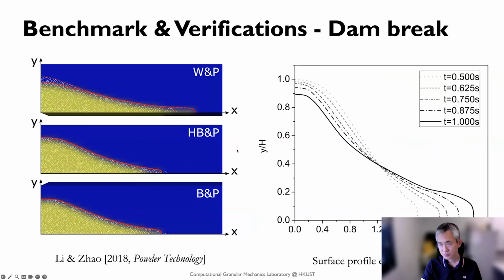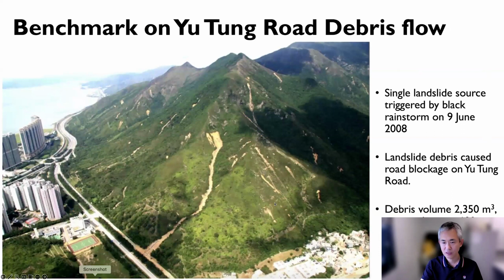Here, for example, we can verify the water with the particles mixture, and then if we replace the water with a Herschel-Bulkley model, the viscosity will be higher, and with the particle system we do another comparison. If we change it further using a Bingham fluid model for the CFD part, we could get different results, and this served as another validation example.